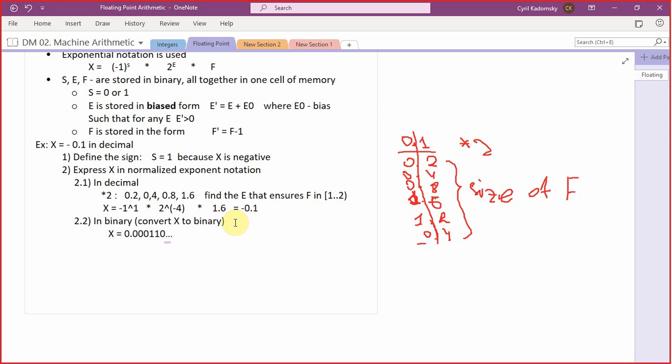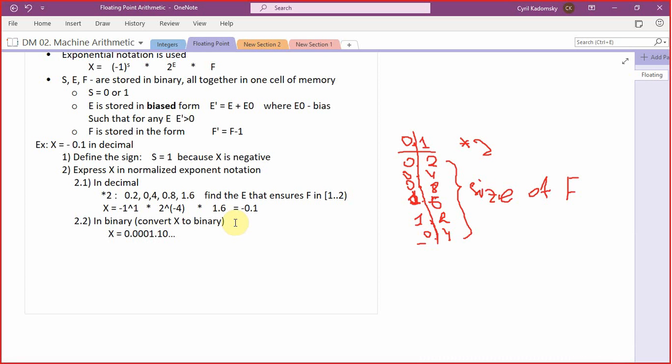And now the question is, which power of 2 must we have for this number to be bigger than 1? Every time we multiply by 2, this dot moves to here, to here, to here, or it can move to here. In this case, our number becomes greater than 1 but less than 2.